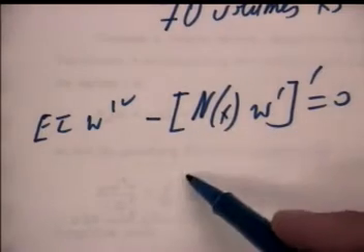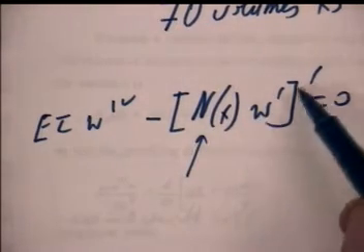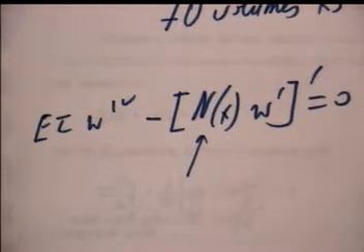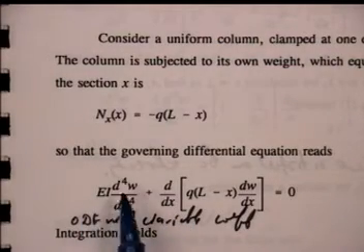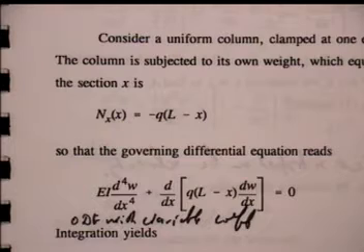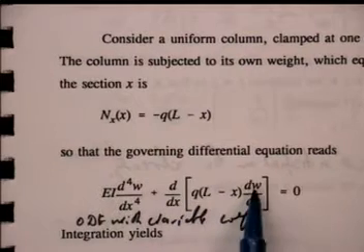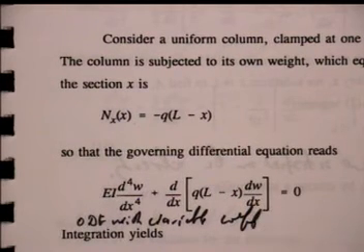So we substitute n of x, multiply by first derivative, and then we take again first derivative. So then that is an equation: EI, fourth derivative of w with respect to x, plus first derivative with respect to x, of q(L minus x) dw/dx equals 0.